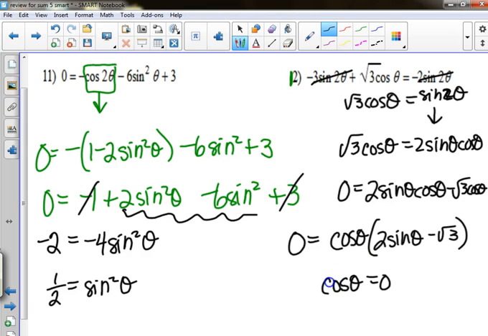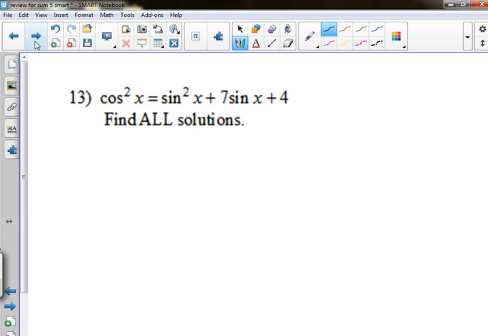Cosine equals 0 or sine equals square root of 3/2. Can I stop there? All right. So just keep those in mind, okay? Keep those in mind because I don't think they look as ugly as those did, but there's one where you have to do a trade. Oh, goodness. All right, one more.